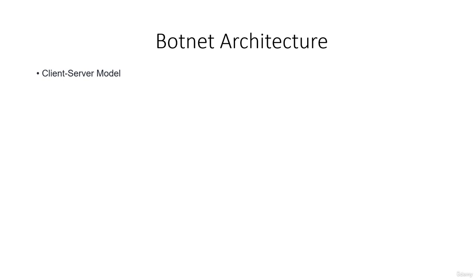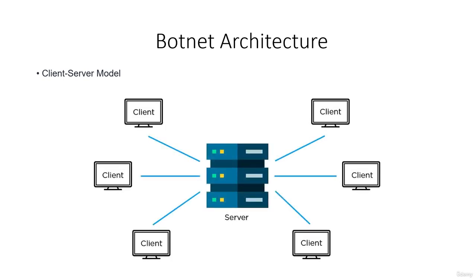So the first approach is the client-server model. The client-server model is the traditional model that operates with the help of a command and control server and a communication protocol like IRC. For example, IRC or Internet Relay Chat sends automated commands to the infected bot devices.